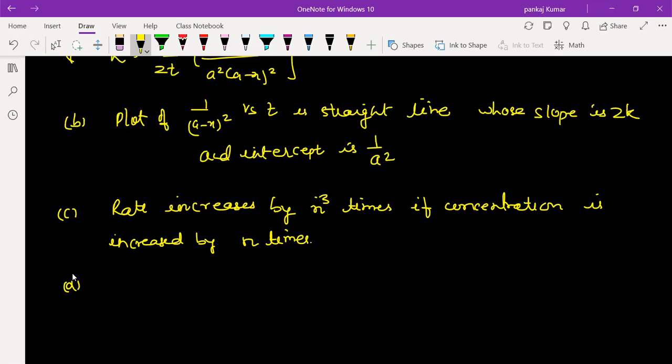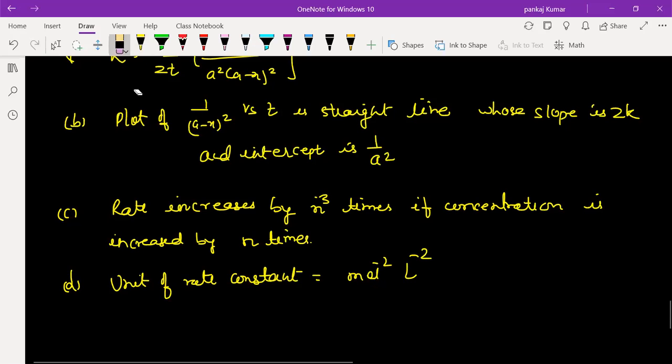Next point, unit of rate constant. The unit of rate constant is mole per square liter square per time.